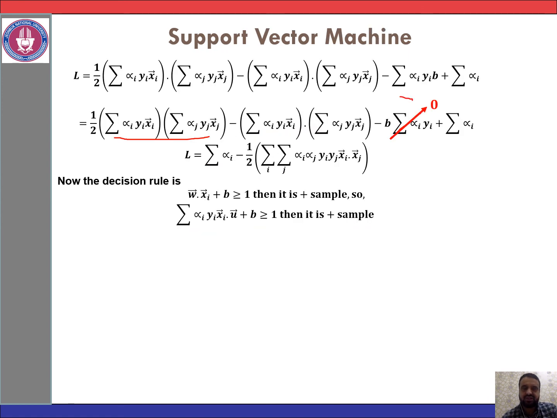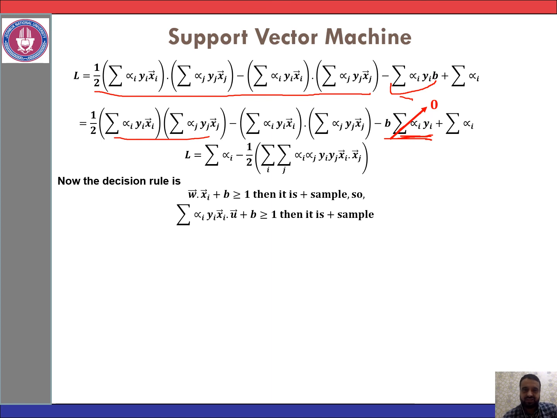After substituting the value of w in the objective function L, we get this equation. Here we will take out this constant outside and we will get this, and we know from our previous derivative we found out that this term is equal to 0.